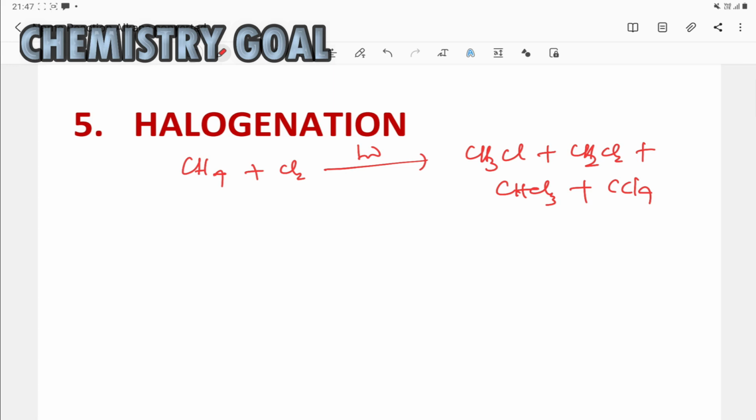Here halogen gets substituted in place of hydrogen, forming monochloro, dichloro, trichloro and tetrachloro alkane derivatives. This reaction is called halogenation.